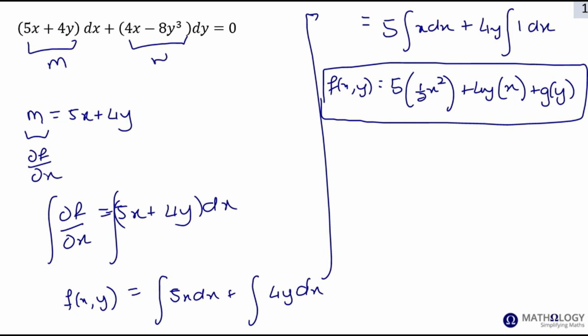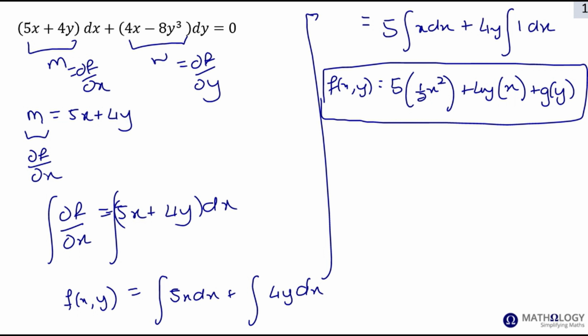We're trying to find a function of x and y. So the next step is to find the partial derivative of this expression for f, but with respect to y. Remember that N is the partial of f with respect to y. So we started with M, integrated with respect to x, got an expression for the function, and we've now got a constant, g of y, included in that expression.